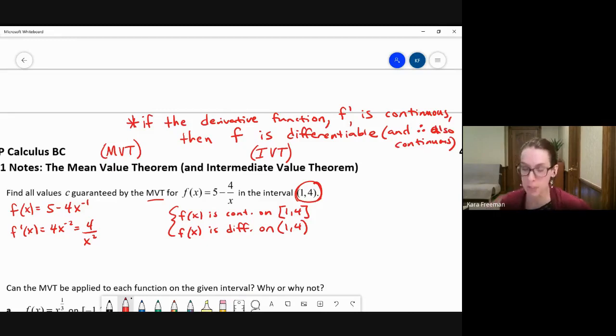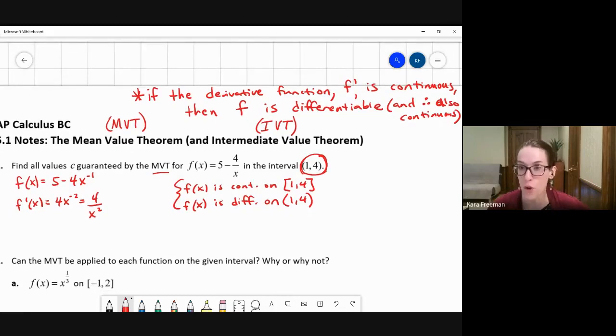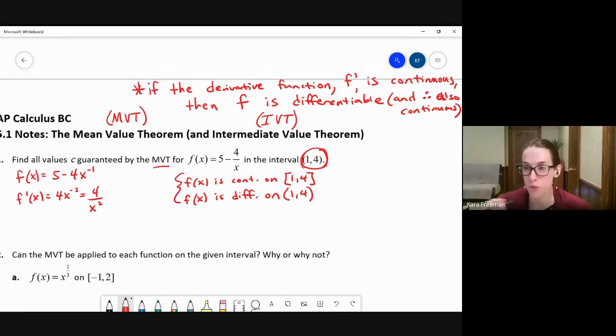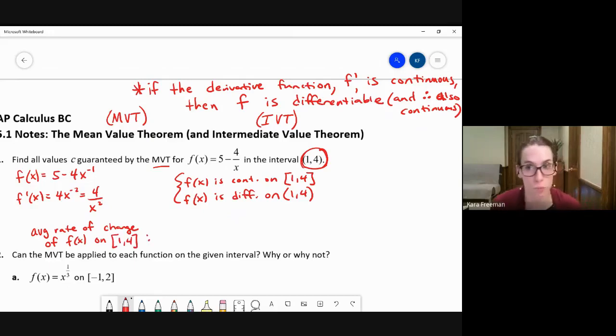So now I know the mean value theorem applies. Now I want to find at which point from 1 to 4 the slope of the tangent line equals the slope of the secant line. So I need to first find the slope of the secant line, or the average rate of change of f of x on the interval from 1 to 4. This is important.